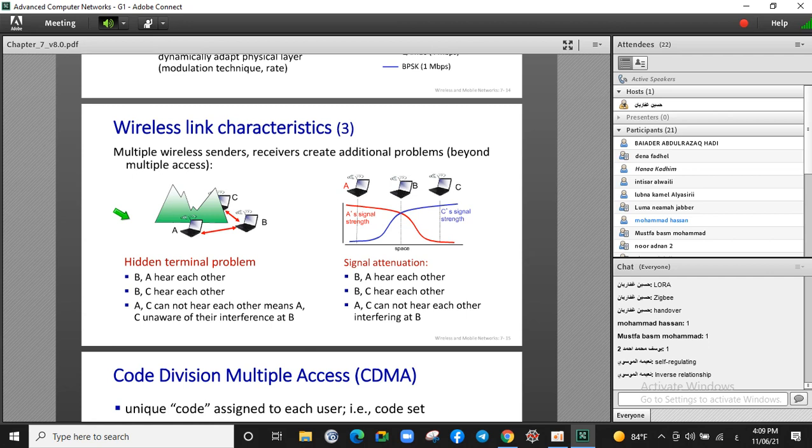Or maybe there is an obstacle between them, or their distance is too large. Here in the left side picture, you can see that A and C cannot see each other because of this obstacle, but they can see node B.